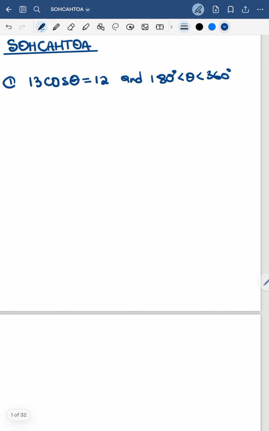So it means theta, our angle of choice, is greater than 180 degrees in the Cartesian plane, but less than 360 degrees.